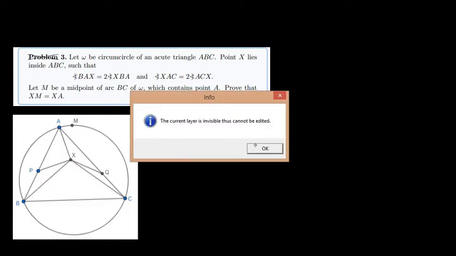I'm going to just show you what I mean. So essentially, you need to make this. Let me put in the angles as well: this is alpha, this is 2 alpha, this is 2 beta, this is beta.